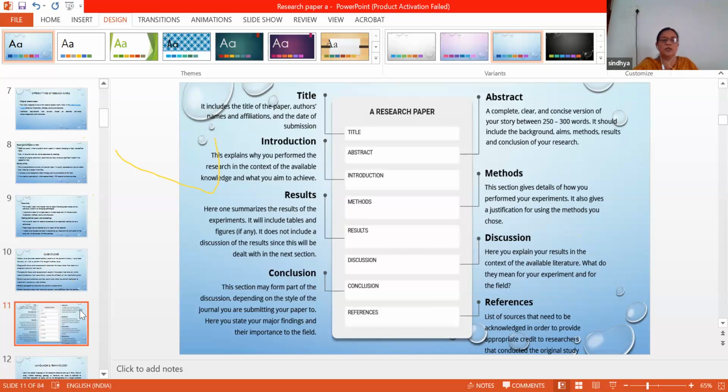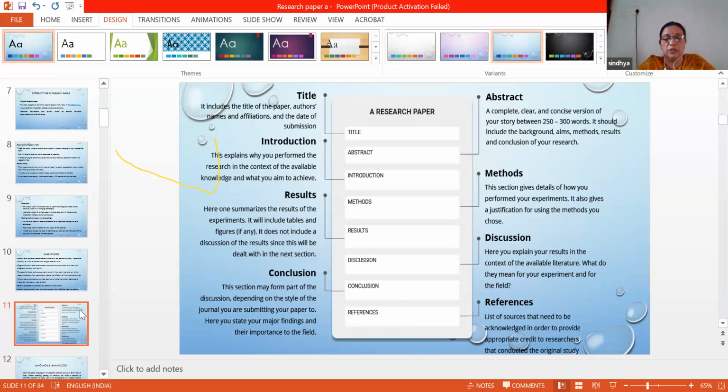Then there must be a conclusion. Depending on the nature of the topic and the nature of the journal you are submitting a paper to, you can state your objective and the result, and how it is important to the field of education or the field of research.